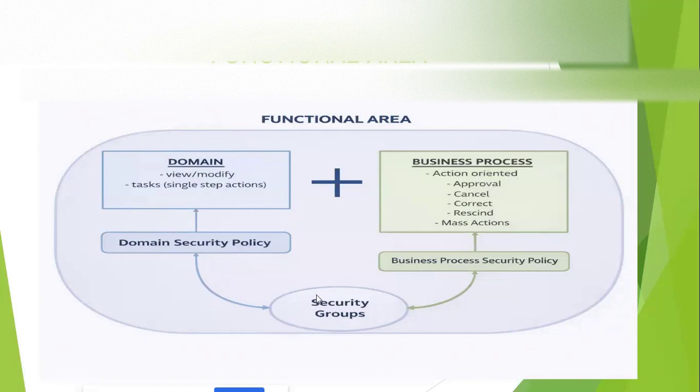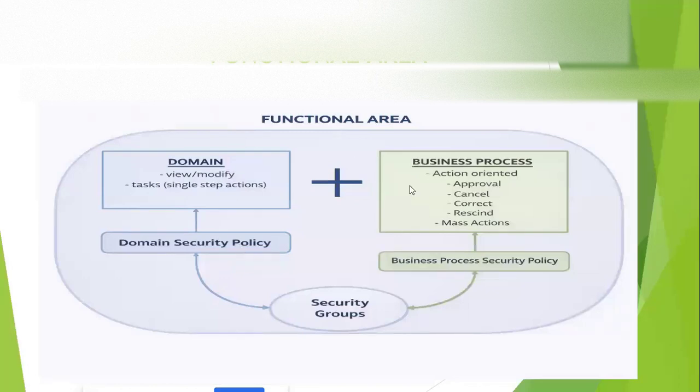Where should we go? We should go to the respective functional area first, then to the domain, and then to the domain security policy. In that domain security policy we will be assigning the various tasks or data that the HR partner is supposed to view.